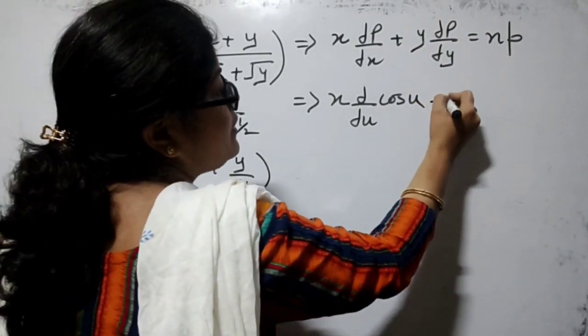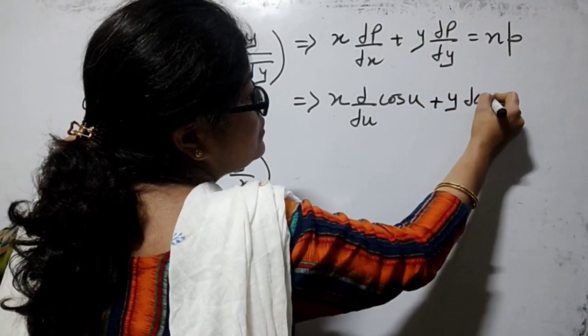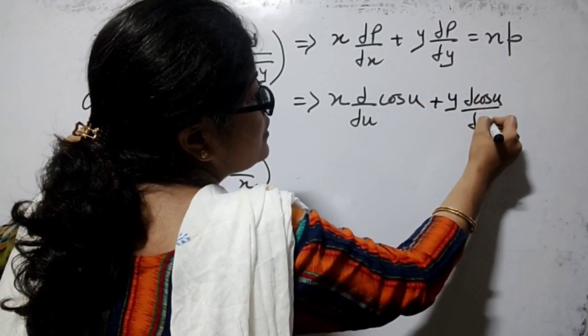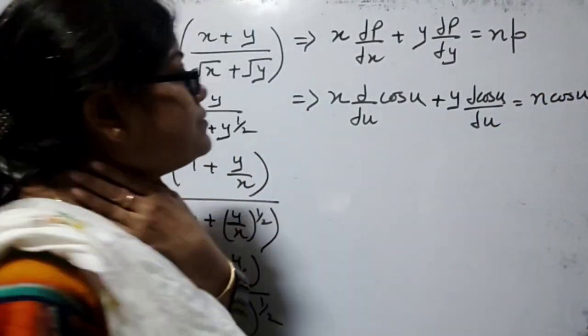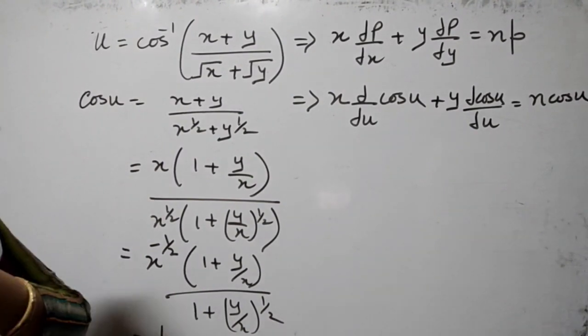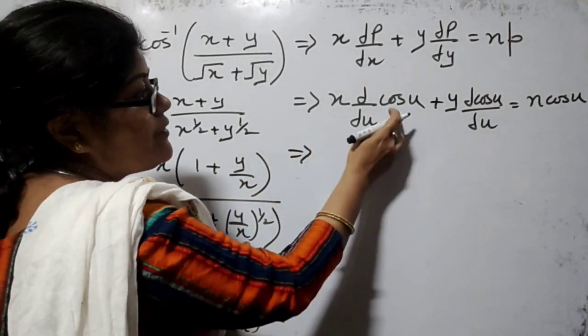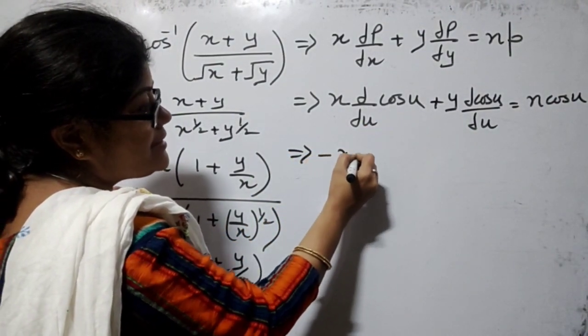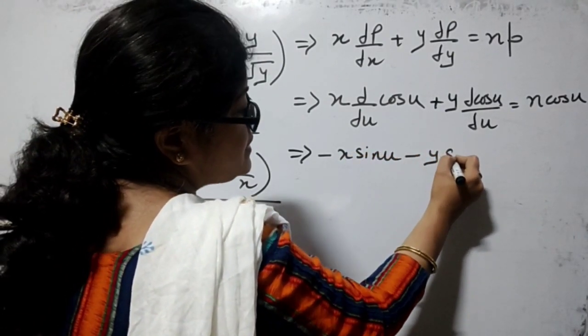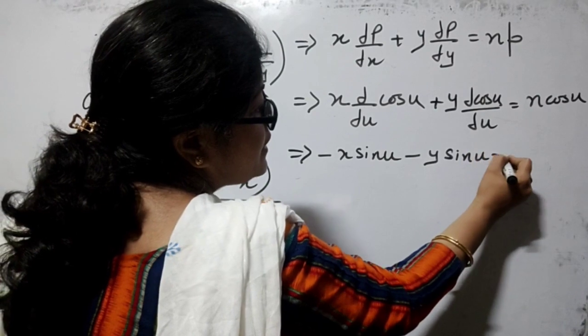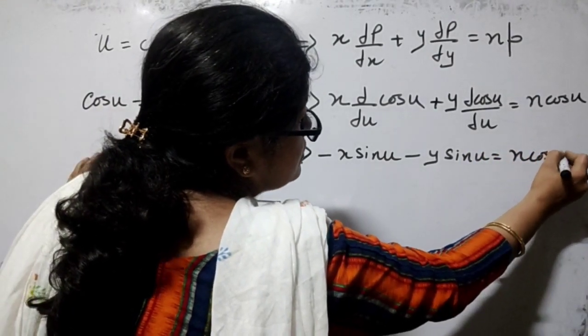Now y d of cos u over du, and here n cos u. Now we differentiate and solve this and we get the answer. When we differentiate cos u, we get minus x sin u, and here also we get minus y sin u, but here we get n cos u.